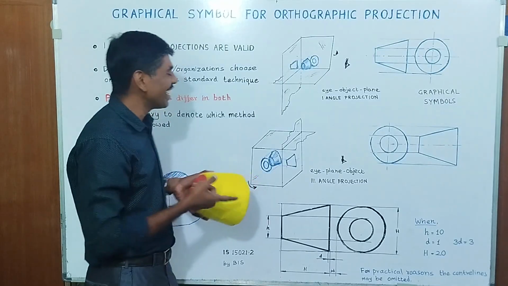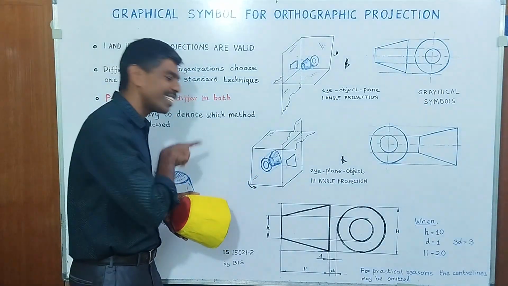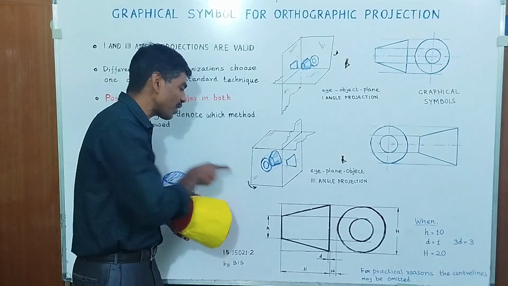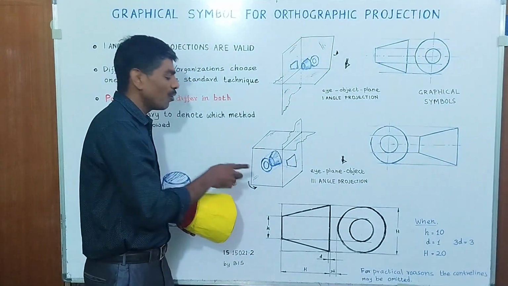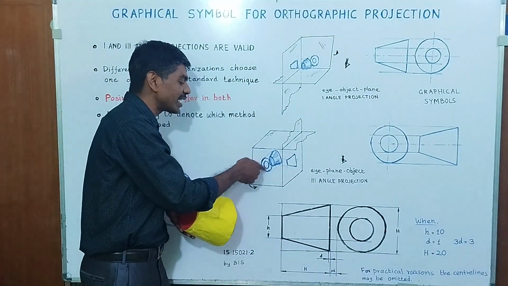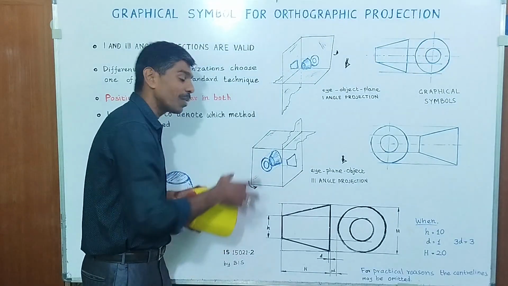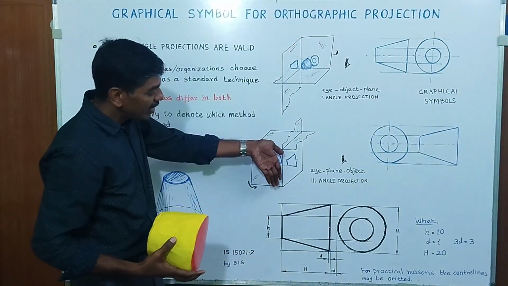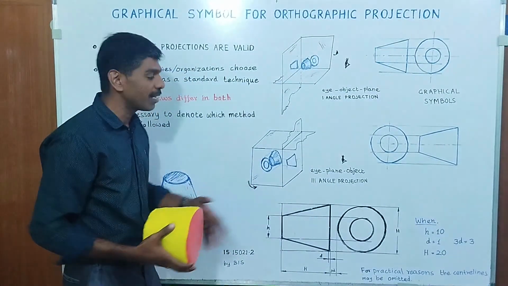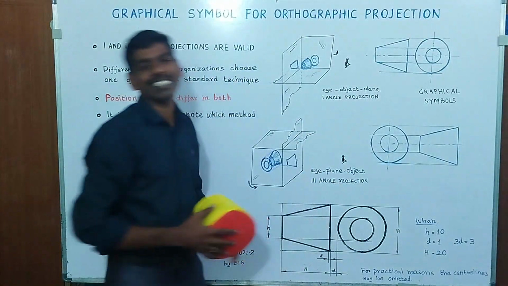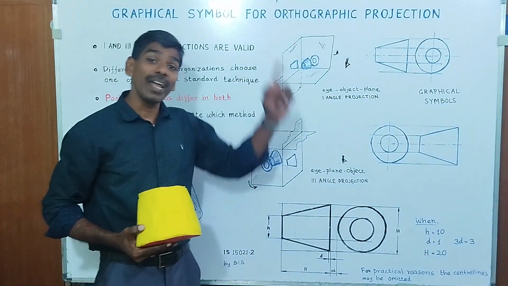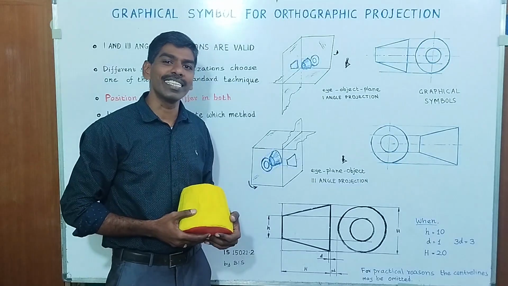But look at the side view. When we look at the side view by this technique, eye, plane, solid, we get the concentric circles on this side itself. When we tilt it to get it in the same surface, we get the views like this. This is the major difference between first and third angle projection.